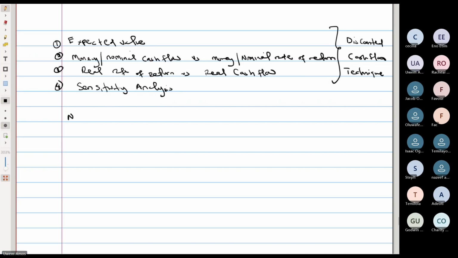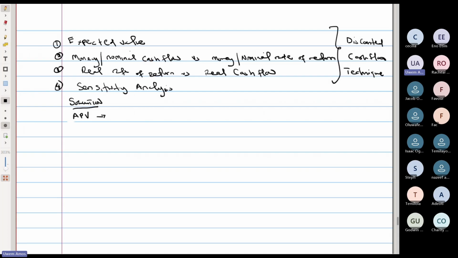Rather, let me begin with APV because that's the one that's an exception. So APV would generally be used in situations where you have details around the financing of the project.